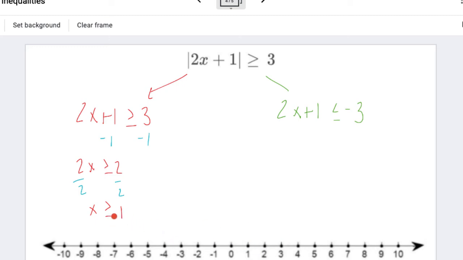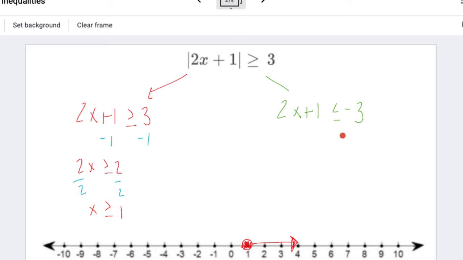It's or equal to, so it's a closed circle, starts at 1, fill it in, and the arrow goes to the right. What most freshmen do at this point is go over to negative 1, make a closed circle, and go that way. It does not work the same way.